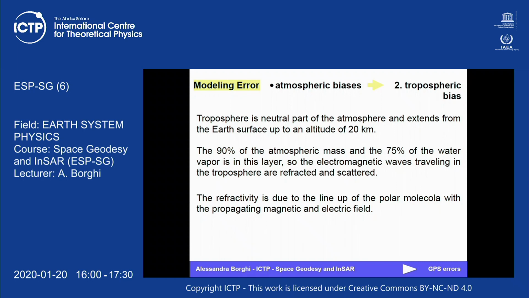Unfortunately, during the propagation of the electromagnetic wave in the troposphere, we have refraction and scattering phenomena. The refractivity is due to the water vapor, which becomes like a dipole under the electromagnetic field of the wave.